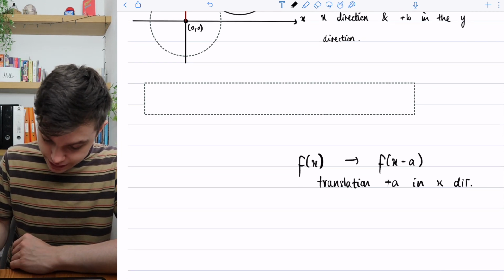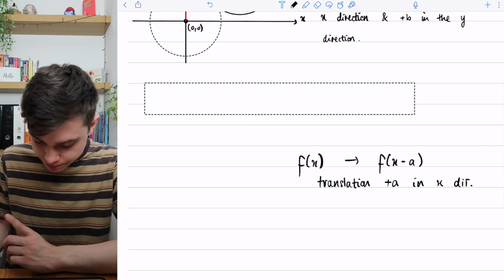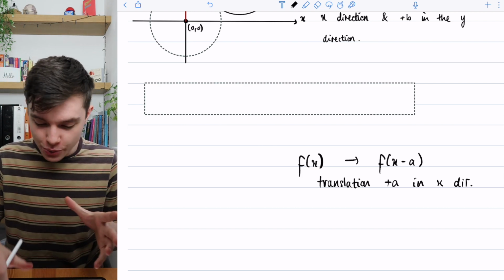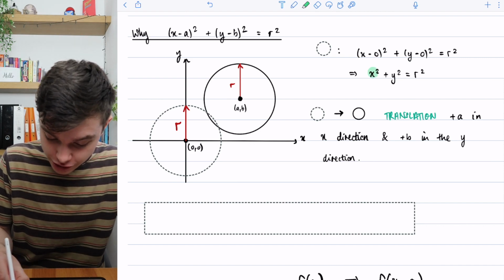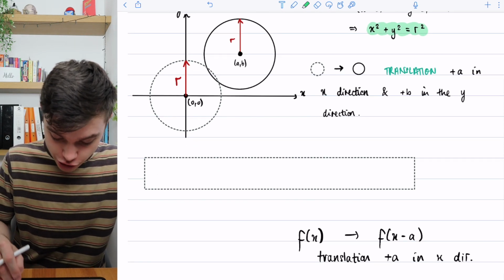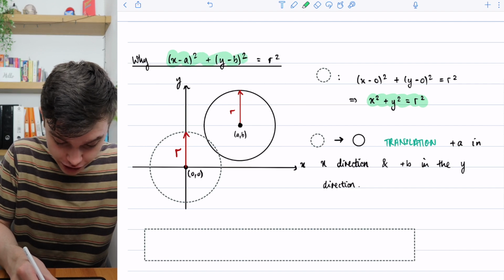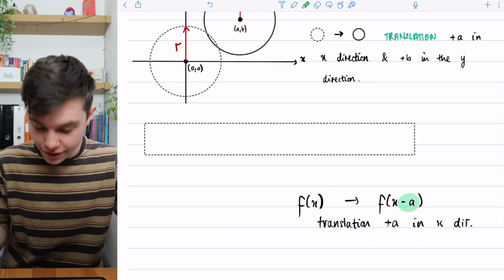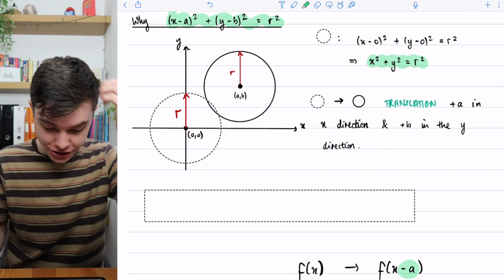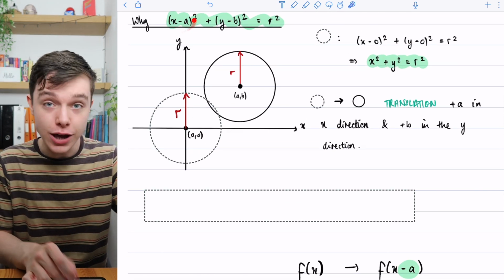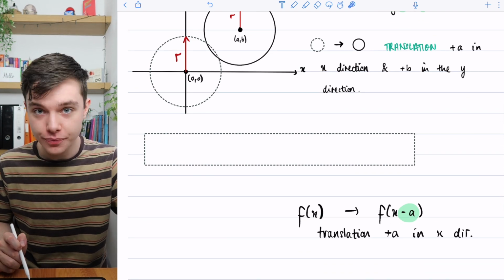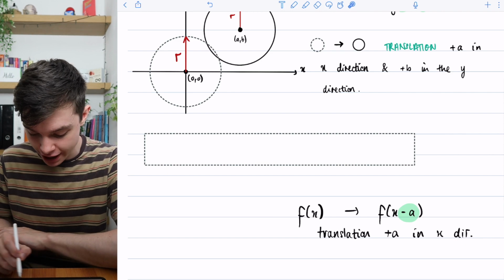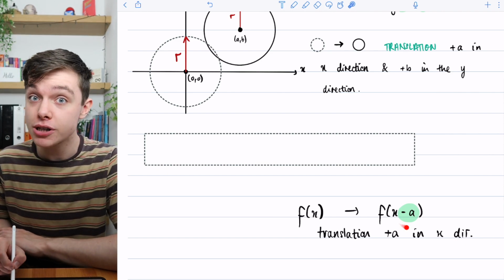If we think about that being the translation, what can we do from this equation to this equation? Well, we can put a negative a with the x. This was the function. We had a translation in the positive x direction, so we do the opposite sign, we do a negative.